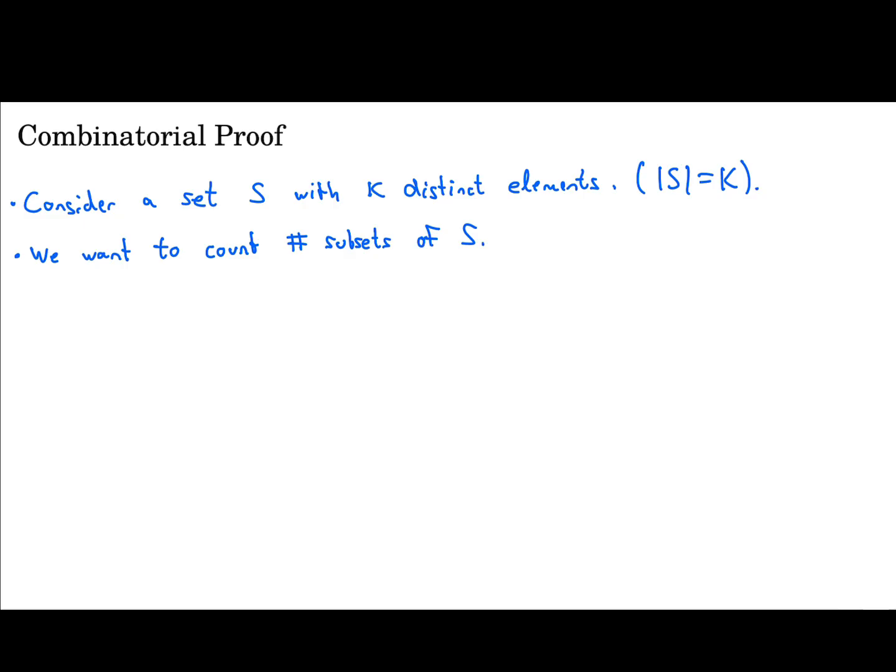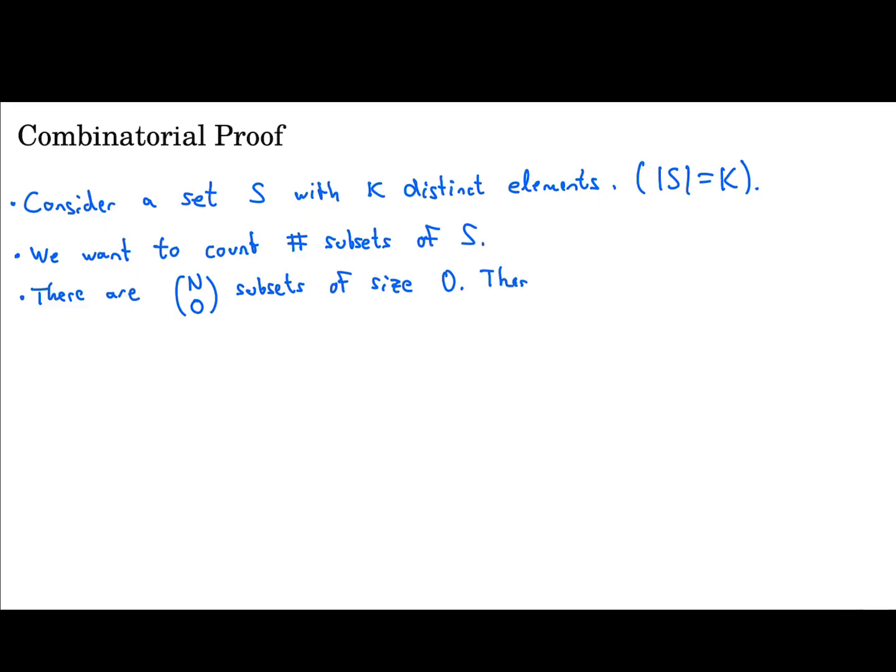So one way is to just count all of them by their sizes. So how many subsets of size 0? So you have n elements and you choose 0 of them, so there's actually only one subset of size 0, which is the empty set, right? Because out of the n elements, there's only one way to choose none of them, which gives you the empty set.